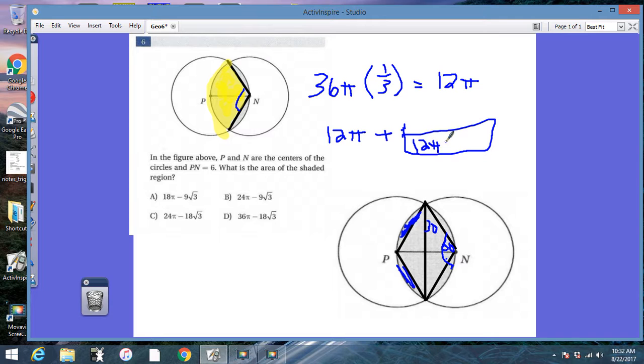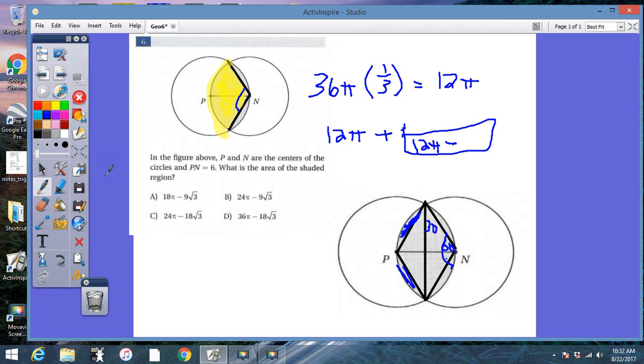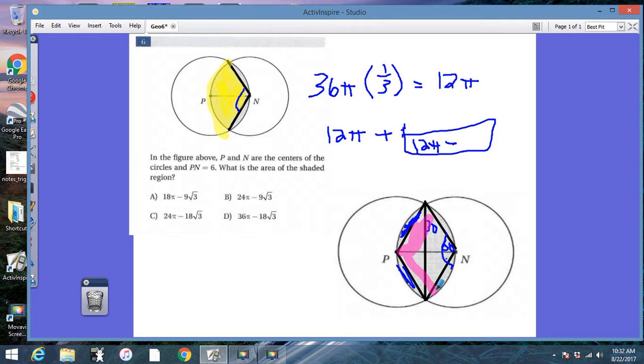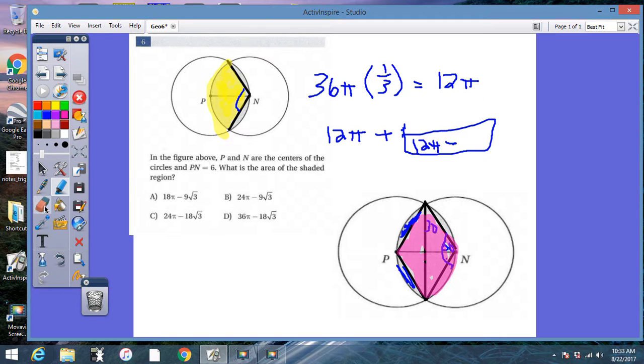We're going to subtract out this parallelogram, which we'll call this pinkish area. And we should be left with the blue area, and so we're going to add in that blue area. Hope this is an interesting problem. Hopefully my explanation is good.